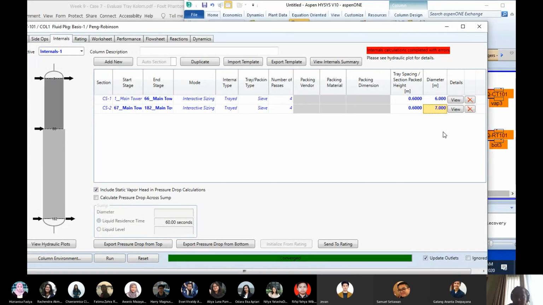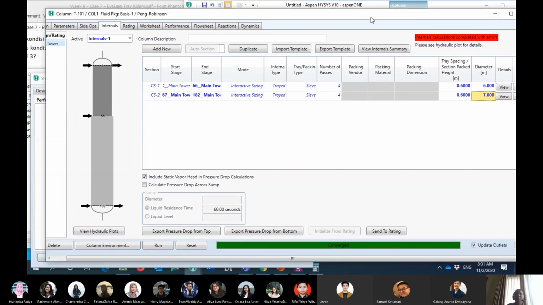Now, I already put all of the trays in this table, which I split into two sections, the enrichment section and the stripping section. For the enrichment section, the diameter is around 6 meters, while the stripping section will be 7 meters.